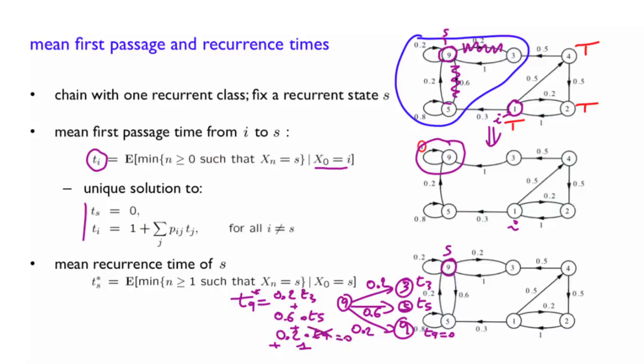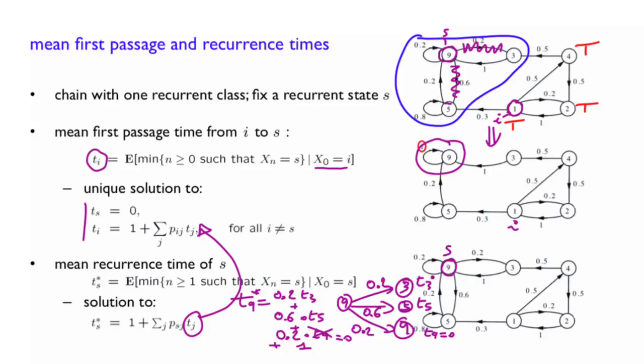So what we have shown here is that in general, this is actually what you would have, and this is exactly what we have written here. T_S star is 1 plus the summation of P_Sj times T of j, where T of j is the solution to this system. So again, you started from 9, you have to do a transition first.